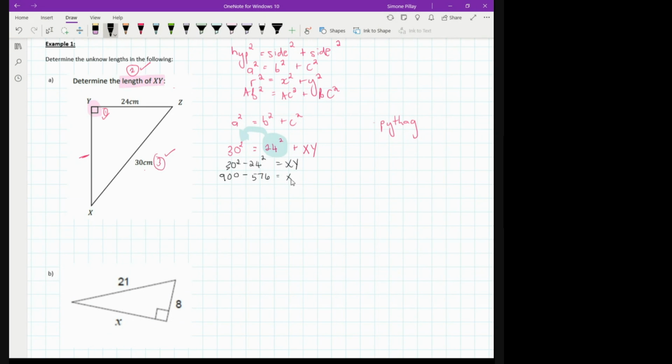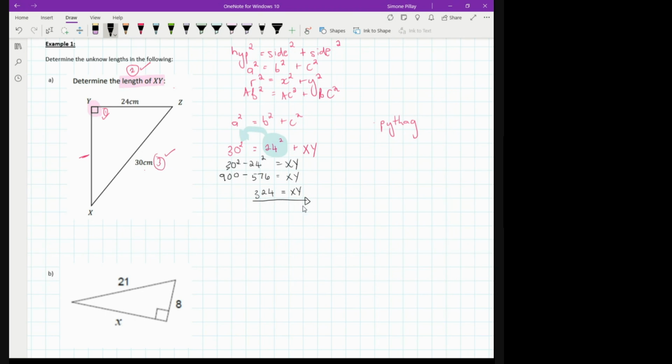Then, ma'am, we say it is equal to XY squared, and then we say 900 minus 576, which gives us 324, is equal to XY squared.